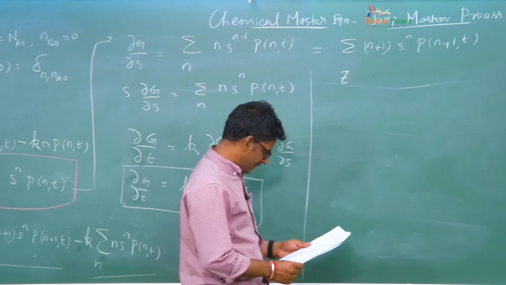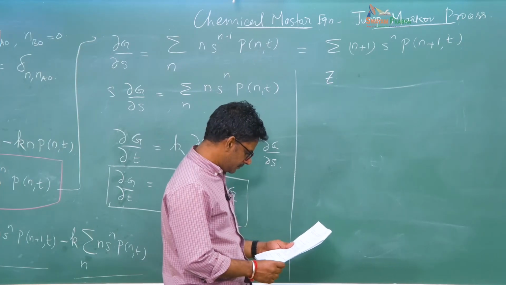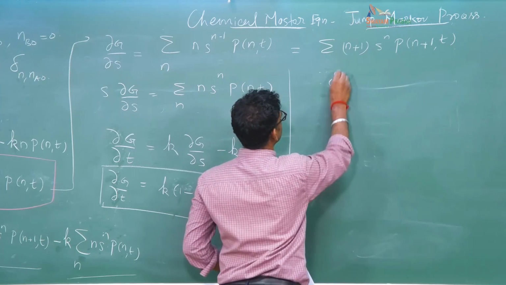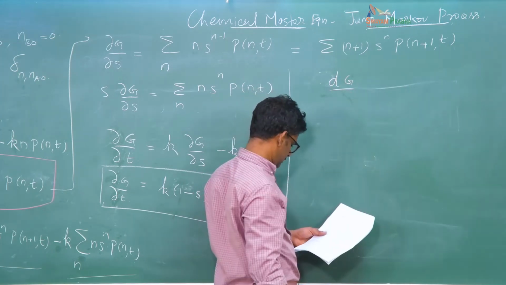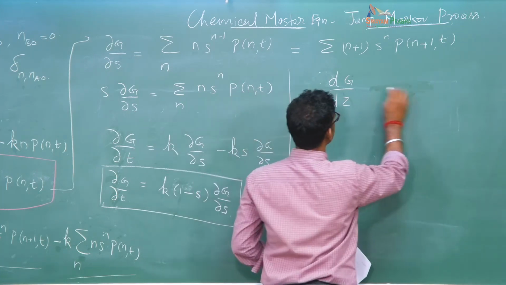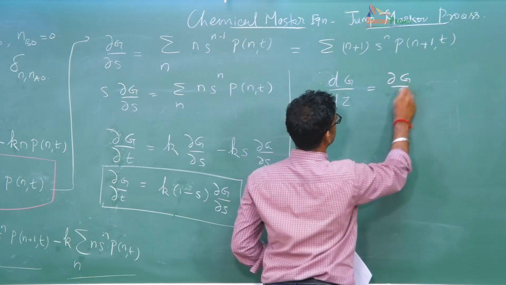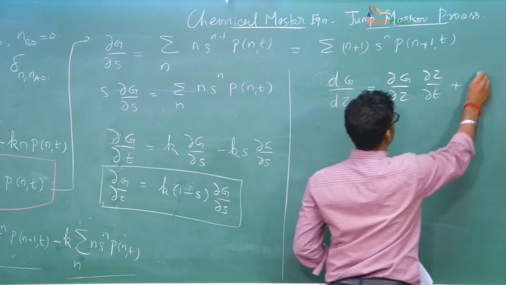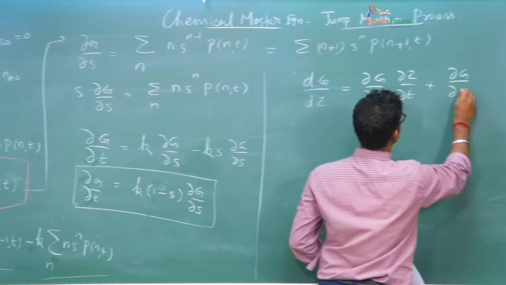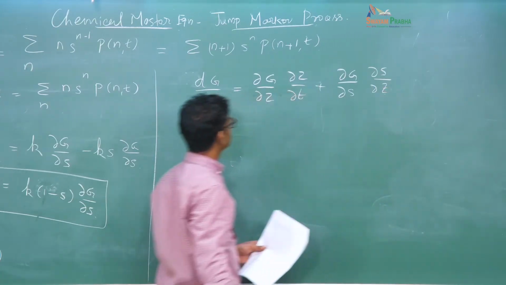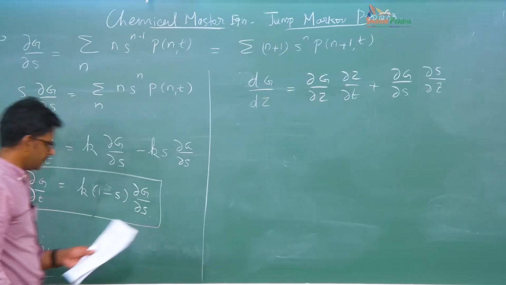So what we will do is we write a new variable, dg by dz, something like this.